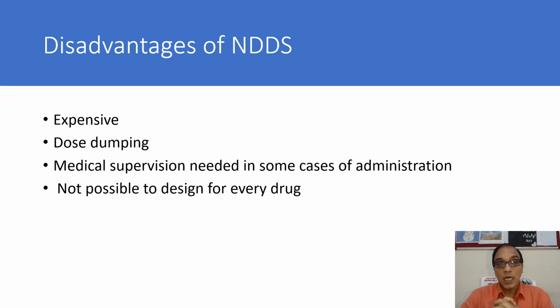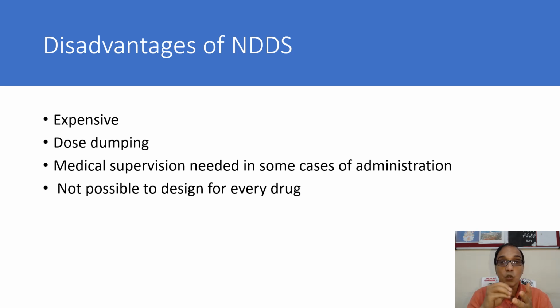Dose dumping is another scenario, as you might have seen in the case of controlled release dosage forms. Actually, we are providing a dose which is required throughout a day, and a once daily dose is being given. If in some case the polymer system fails, what will happen?